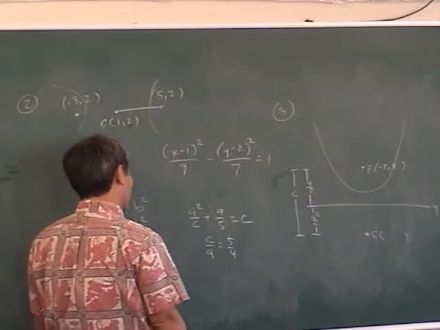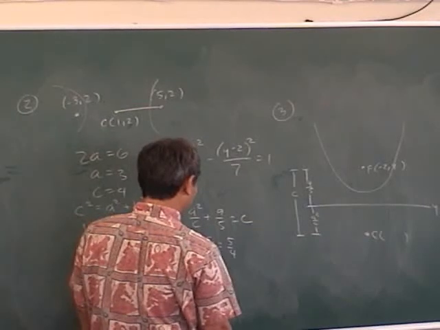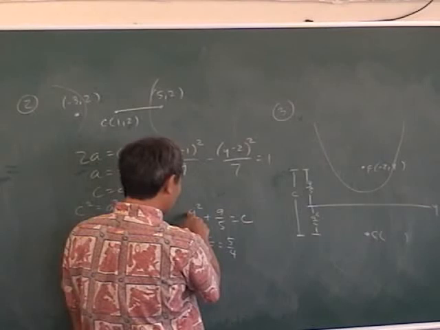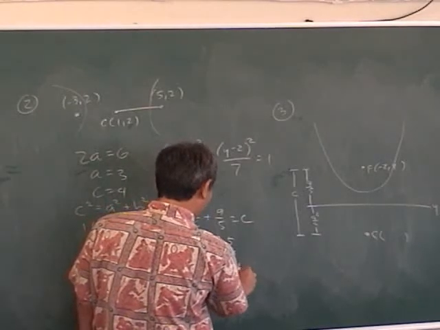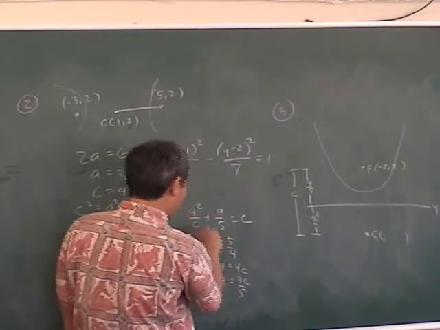Okay, why don't I just do it since we're being videoed. What do you want to do? Solve for a or c? a. Are you sure? Isn't it easier to solve for a? But it's up to you. So 5a is equal to 4c. a equals 4c over 5. Take that and plug it in here.